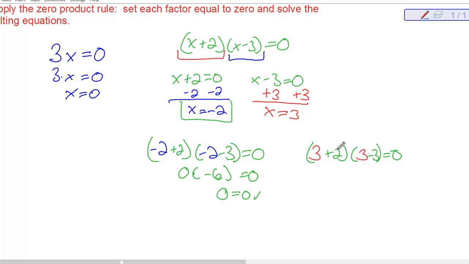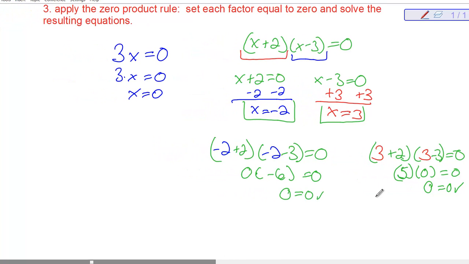Well, 3 plus 2 is 5, and 3 minus 3 is 0. 5 times 0 is 0. So yes, that one also works. So notice there are two correct answers here. And I will get into showing you some of the ways you can tell how many possible answers there will be.